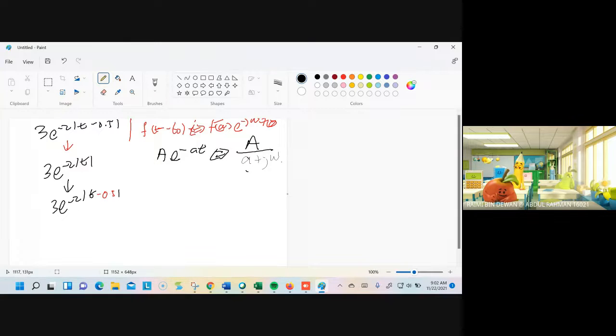So a plus j omega. Your a here is actually 3, and the exponent is negative 2. Then you have 3 over 2 plus j omega, before the shifting.